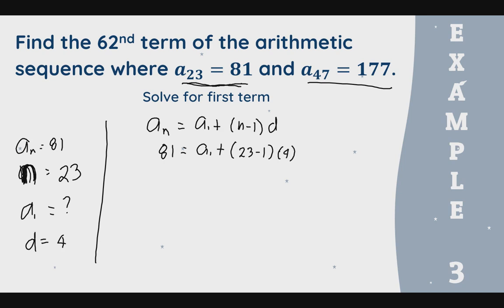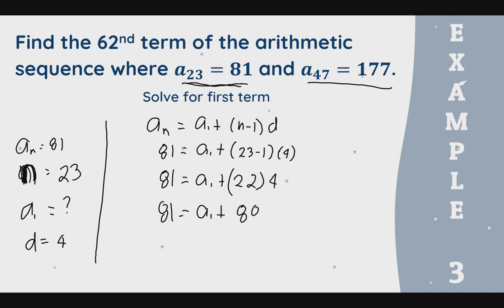Now, 81 is equal to a sub 1 plus 23 minus 1 is 22 times 4. And 22 times 4 is what? Very good. 22 times 4, very good, 88.